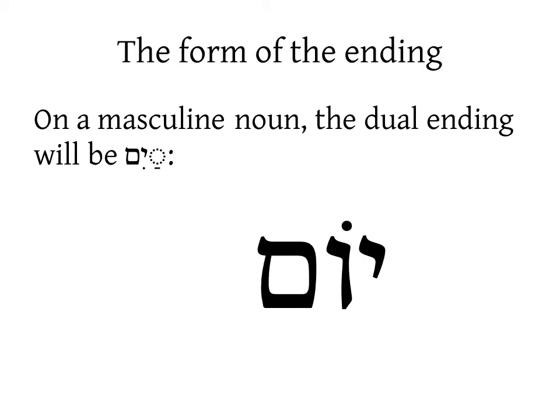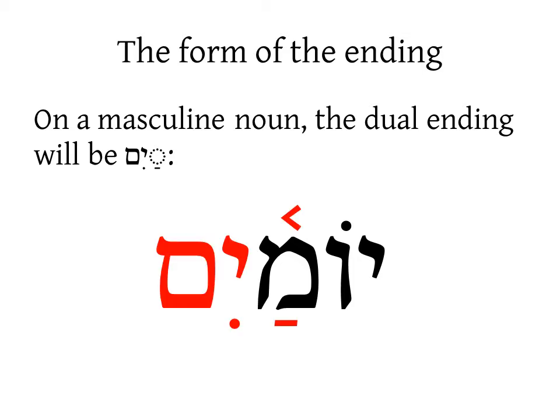So for instance, on the word yom, which means day, to make it a dual, first we trade the final mem for a medial mem, and then we add on the ending ayim. So yom becomes yomayim, two days.